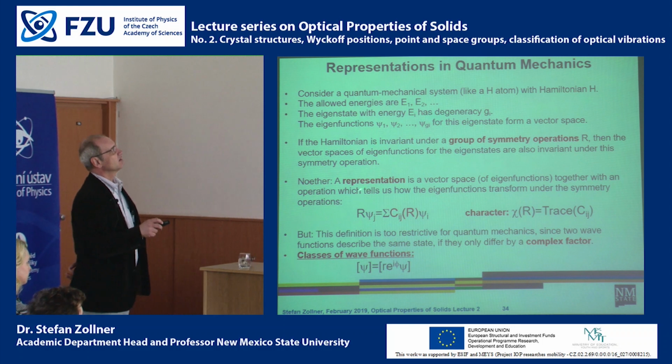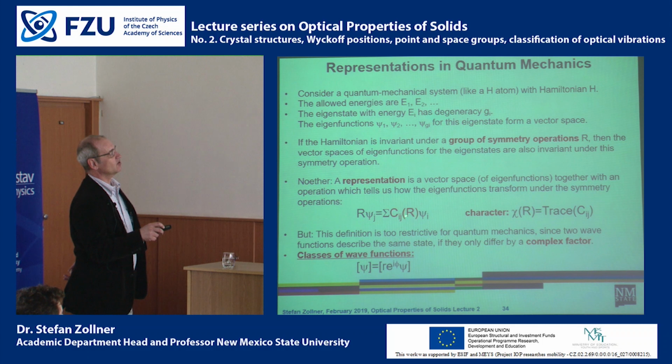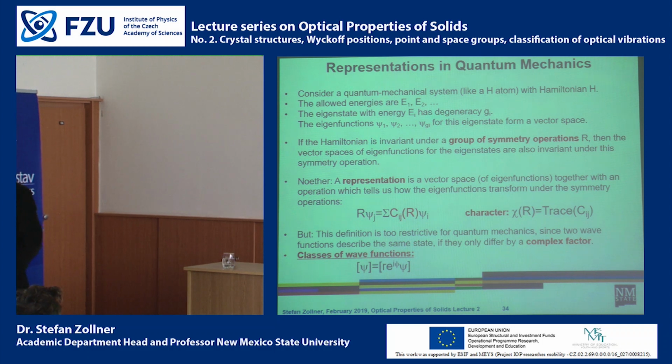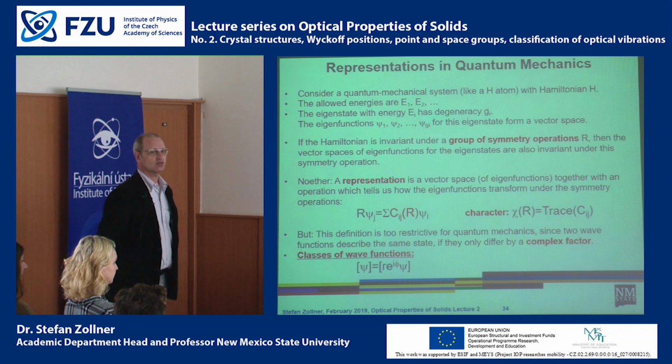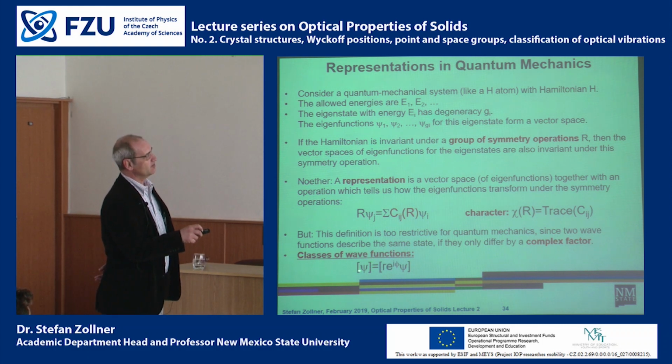But this definition of a representation is too restrictive for quantum mechanics, because two wave functions describe the same state in quantum mechanics if they only differ by a phase. So I have a wave function psi, and I have another wave function which differs by this complex factor r times e to the i phi.